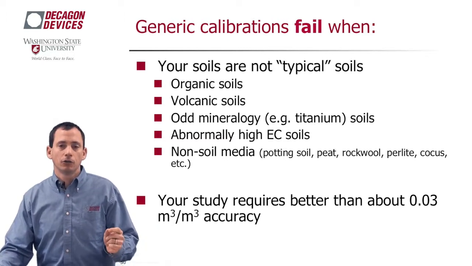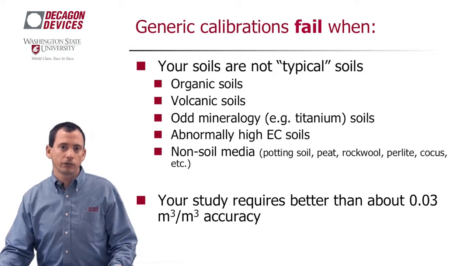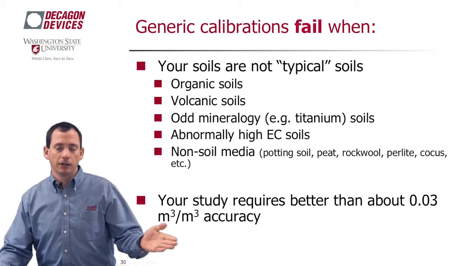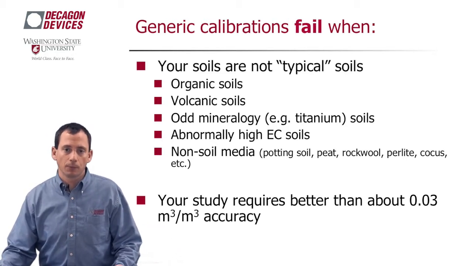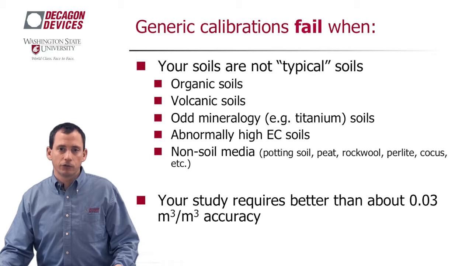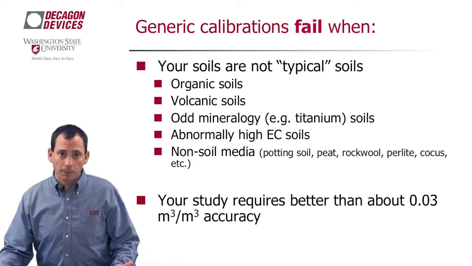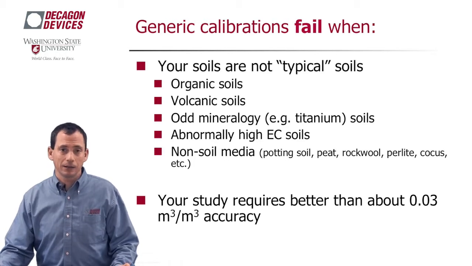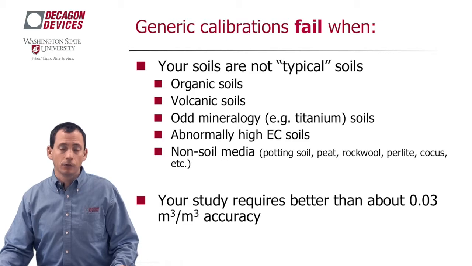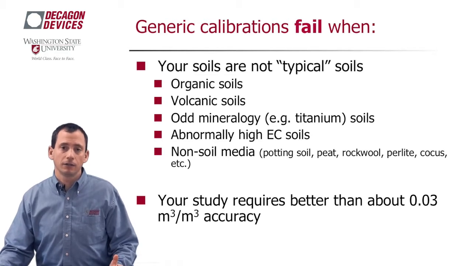If you have soils that are not typical soils, if you have organic soils, peat soils, real high organic matter content, then those are not going to be well approximated by one of those generic calibrations. Volcanic soils, soils with odd mineralogy, for instance titanium soils, you're going to get really bad water content accuracy if you just use a generic calibration. Soils with abnormally high electrical conductivity.